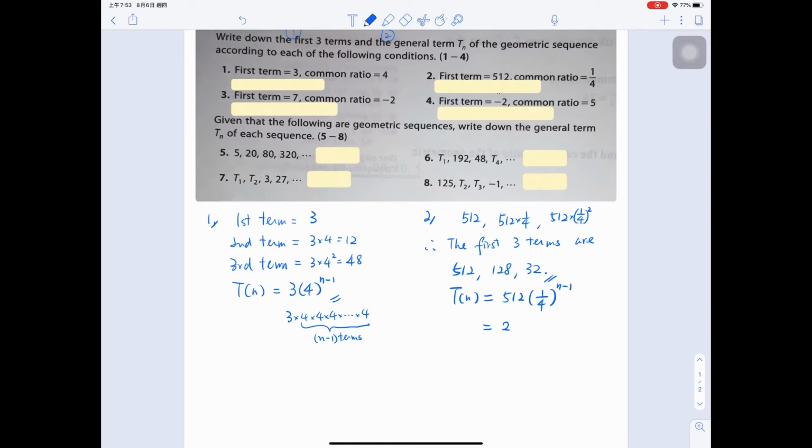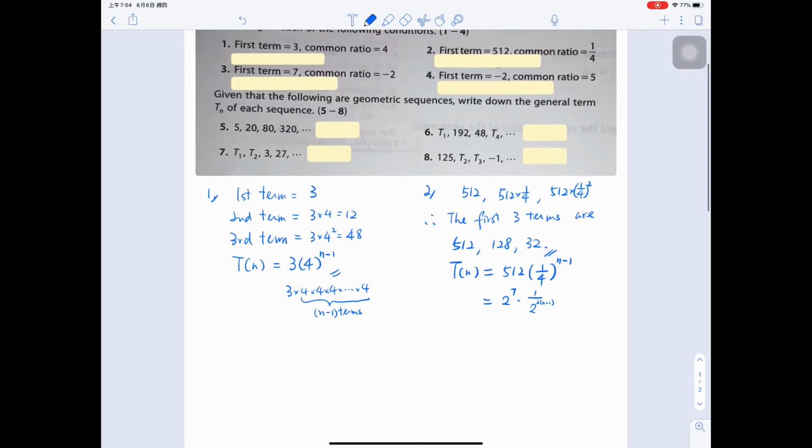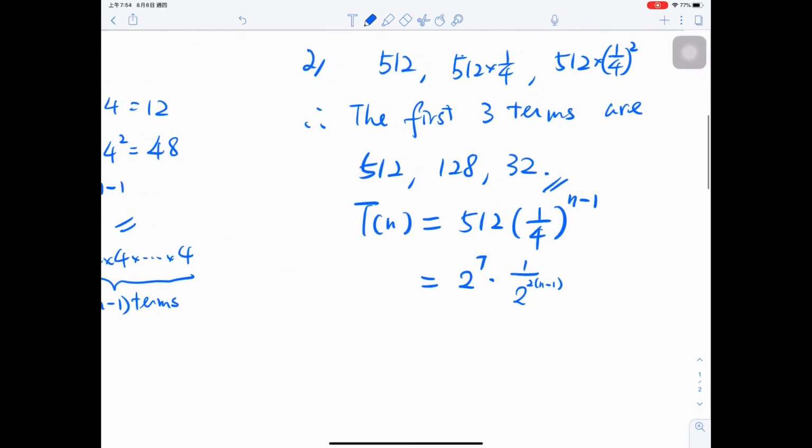Yeah, correct, 2 to the power 7. And then how about 1 over 4? This one is actually 2 squared, and then times n minus 1. So the power becomes like this.